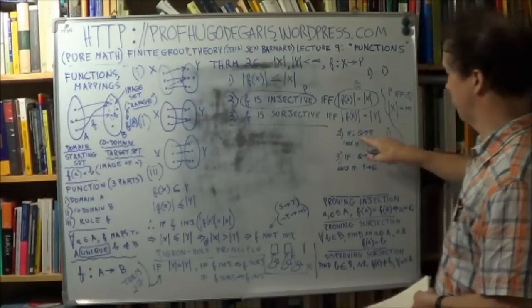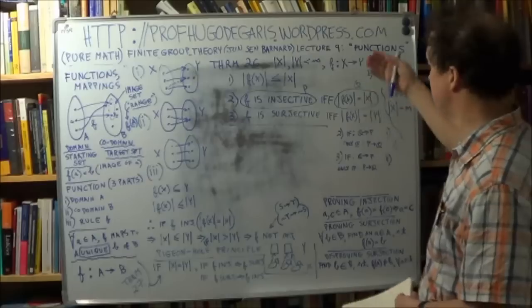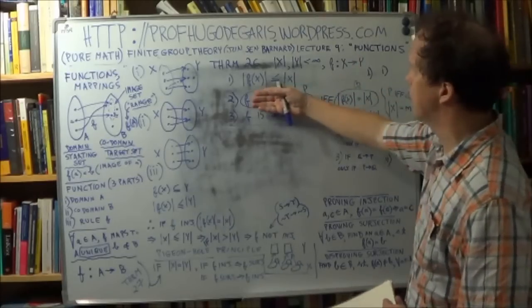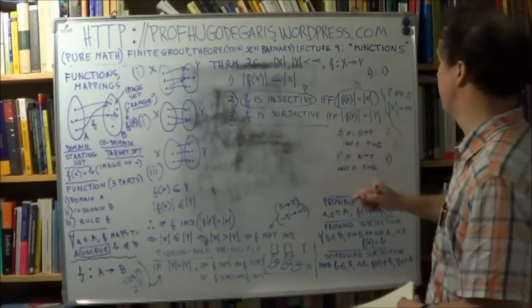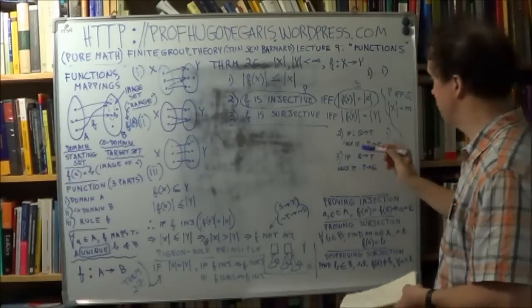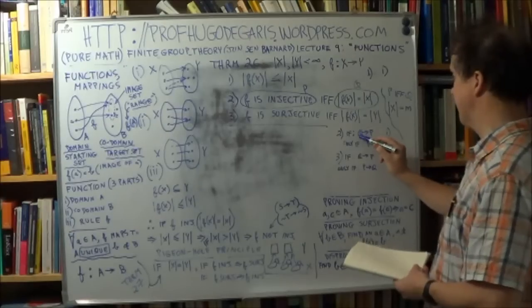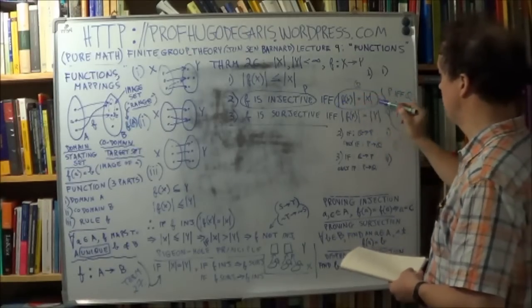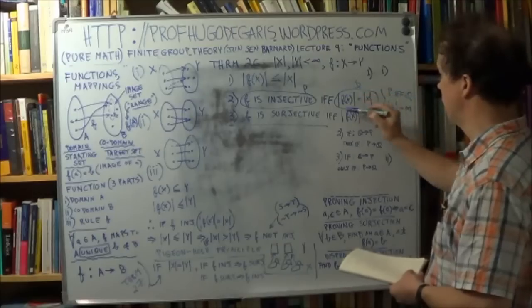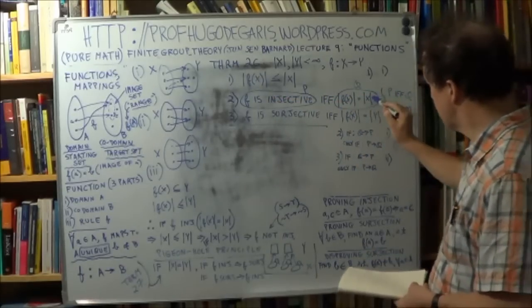So if Q is true, then P. That's the if case. In other words, prove from the right-hand side to the left-hand side. Starting with this, prove that. You've done this many times now, you should be used to this by now. Okay, so if this is true, prove this. All right, so let's work on this.